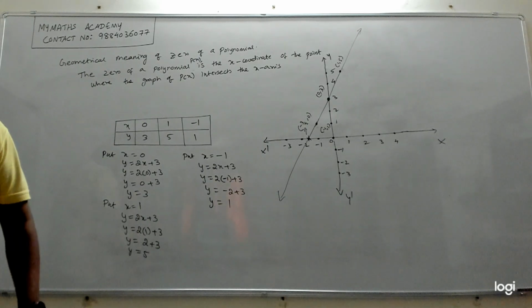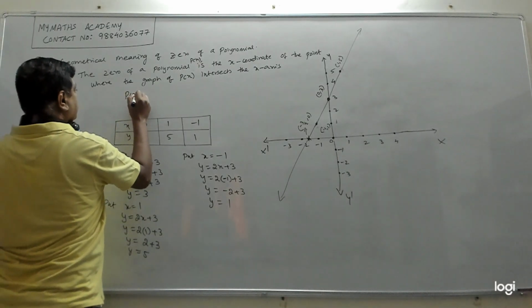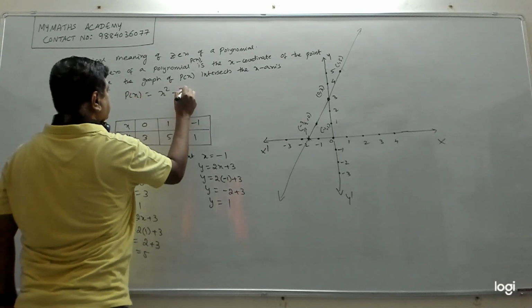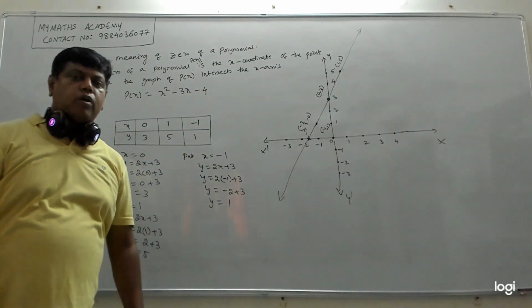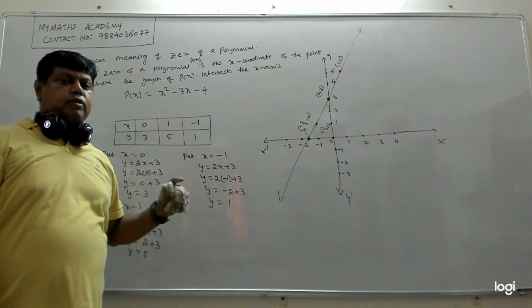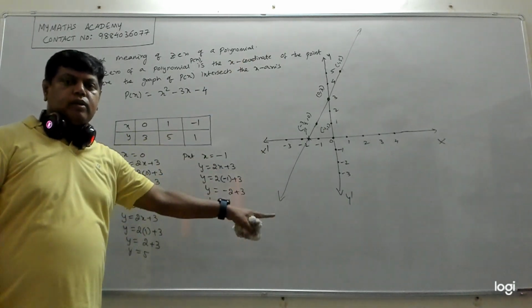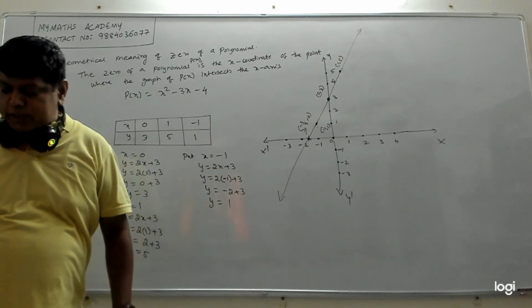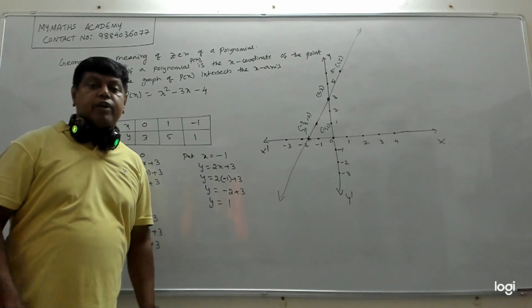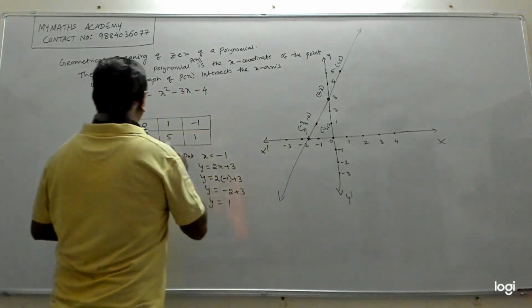We are going to draw the graph for the polynomial p of x equals x square minus 3x minus 4. Since it is a quadratic polynomial, obviously we will not get a straight line like this. We will get a curve called a parabola, a U-shaped one, which you can see on page number 23, figure 2.2 in your textbook. So we need to draw the graph for this.